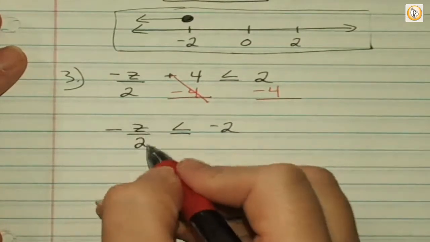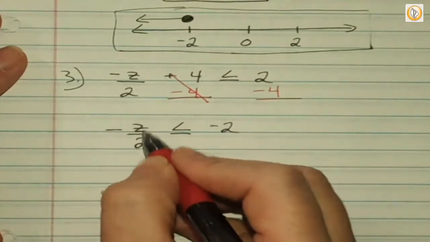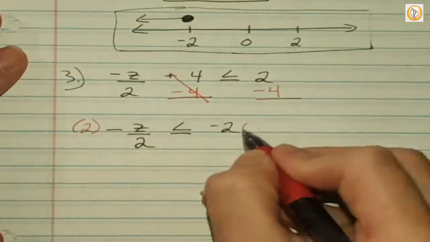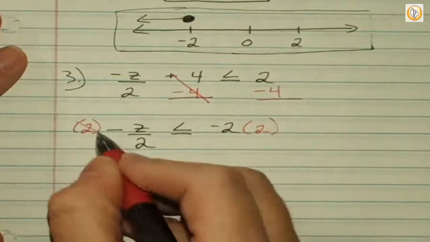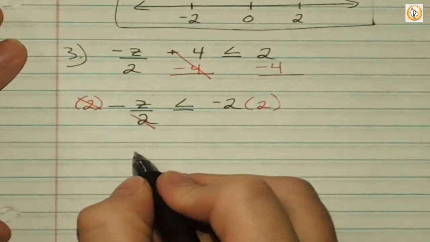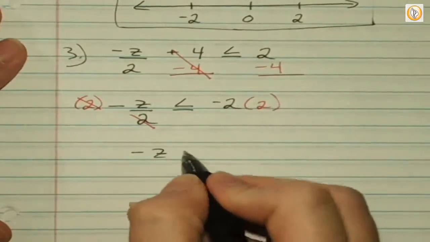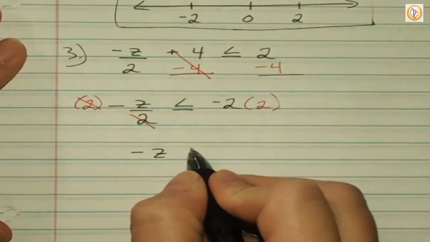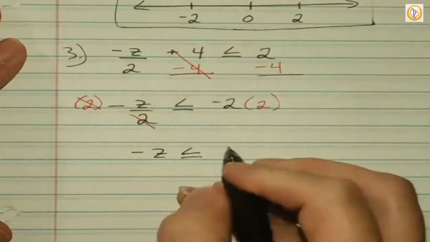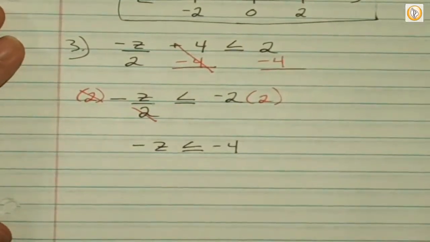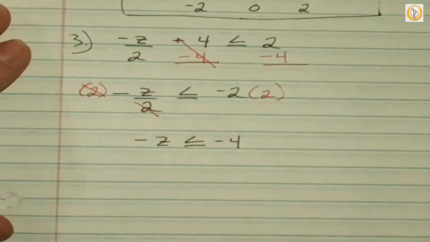Okay, since the 2 is being divided with the z, you can multiply to get rid of it on both sides. What am I left with, Emily? -z is less than or equal to -4. Can I leave it like that, Emily? No. What do I need to do?